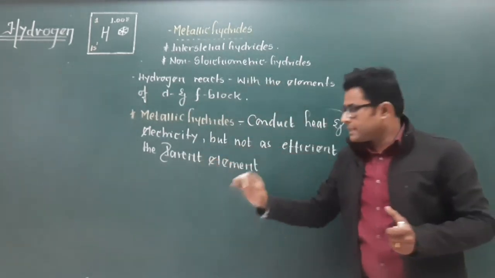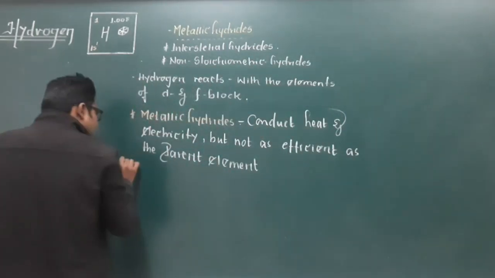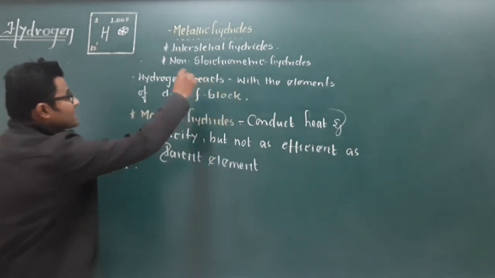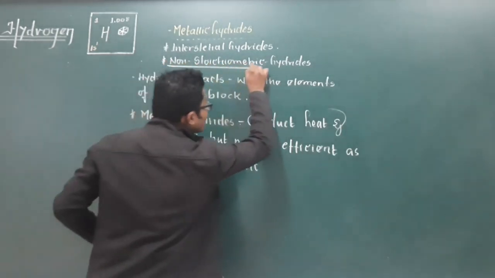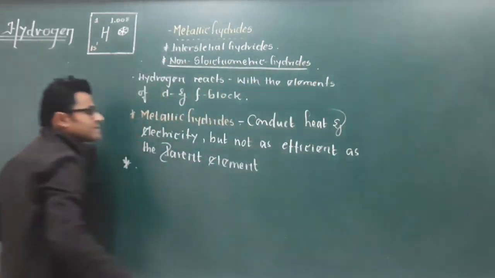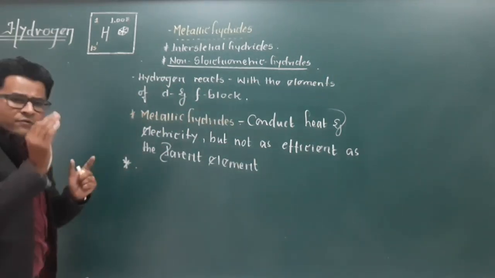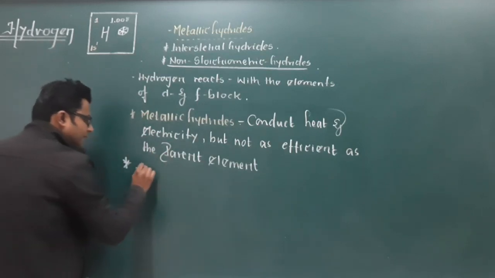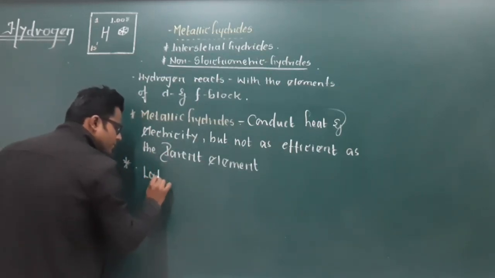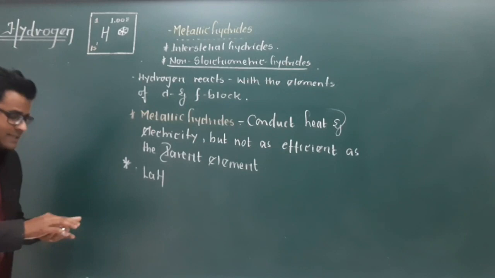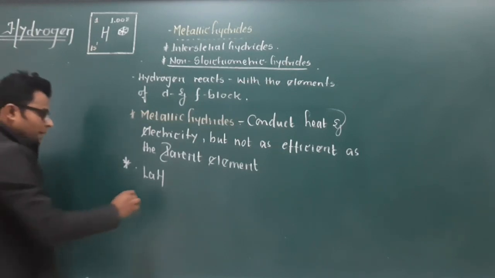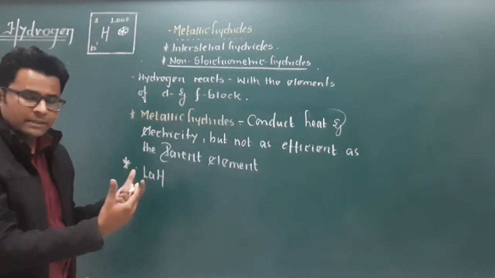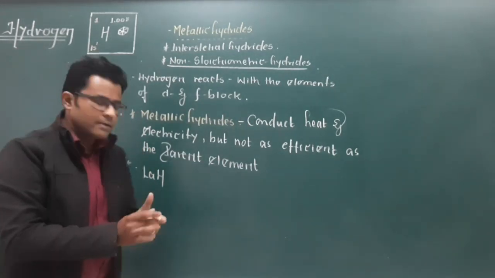Okay, now coming to the next important point to discuss, these are called non-stoichiometric hydrides. First, let us observe the examples and then we can discuss. This is lanthanum hydride, wherein the proportion between hydrogen and lanthanum metal is not constant.